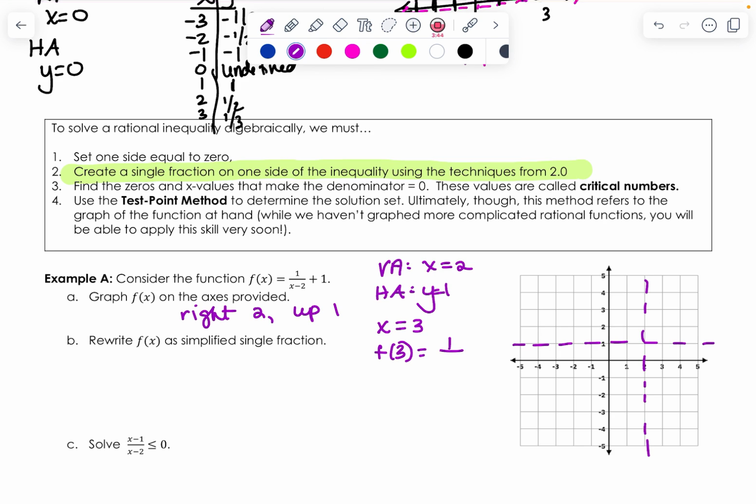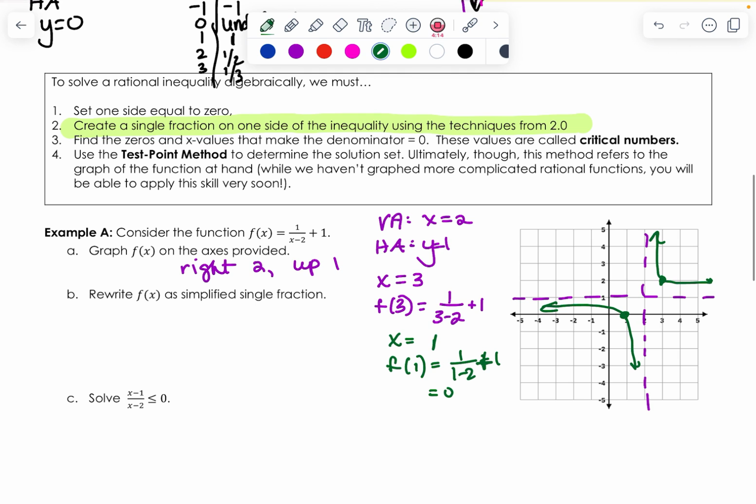Then that's 1 over 3 minus 2 plus 1, so that is 2. So then I know it does this, okay? And then I'm going to pick a value, let's say at 1. That's negative 1, plus 1, which is 0. So it's going to do this. So I can make just a quick rough sketch there.